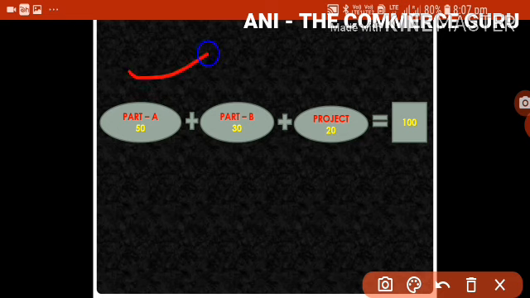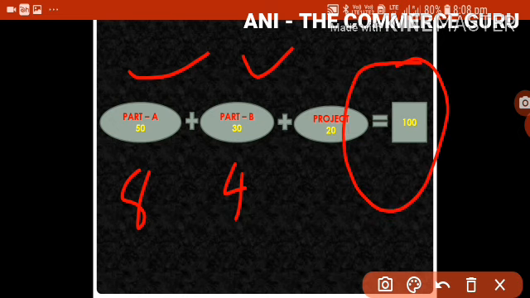Part A 50 marks, 8 chapters are there. Part B 30 marks, 4 chapters are there. Then you have project and Viva, together it carries 20 marks. So altogether you have 100 marks of evaluation for business studies class 12th.